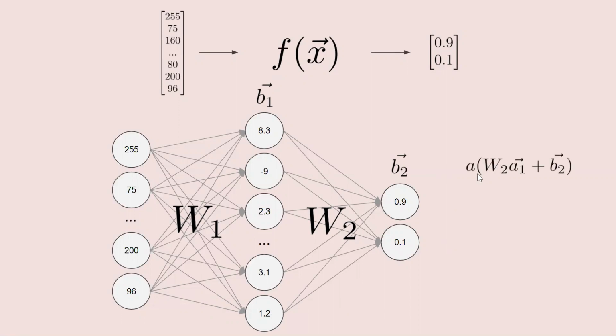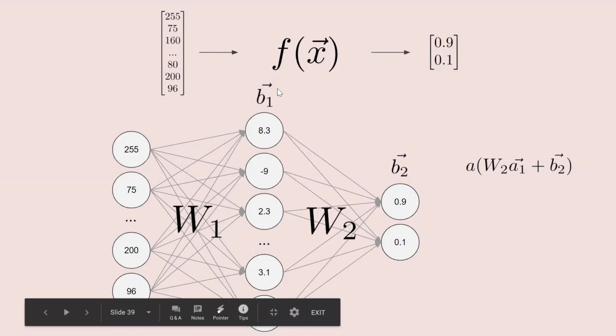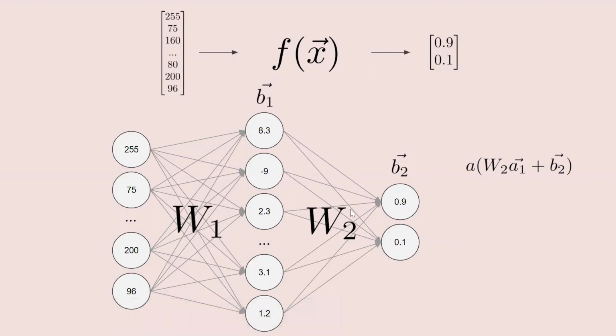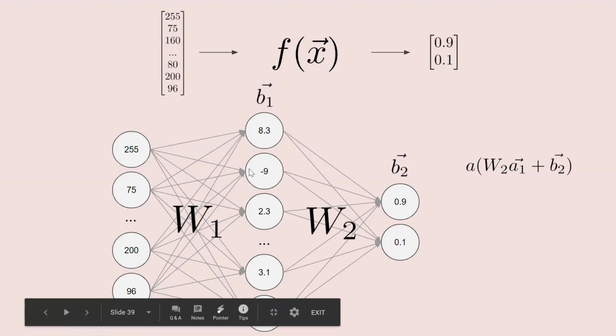So our formula for the output f of x is going to look similar to what we saw for our previous neural network, but what's going inside our activation function is different, right? Now we're looking at the activation from this layer. We're taking the matrix multiplication of that with W2, and then we're just adding the bias of the final layer, right? Basically the same thing as we did before, pretending that this doesn't exist.